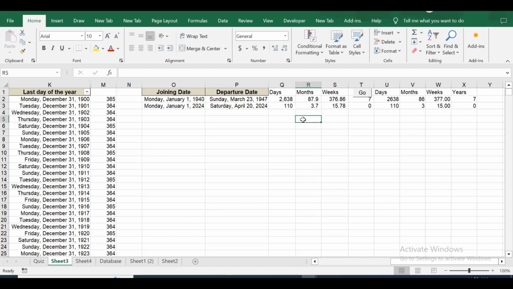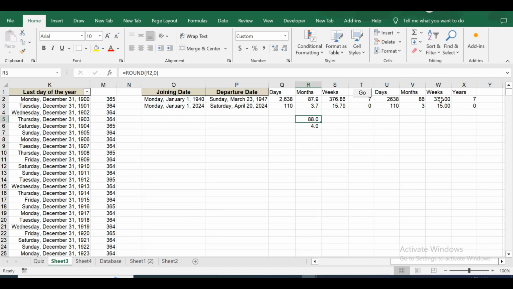Normally we write ROUND and round it to 0 digits, so that makes 88. If we apply ROUND over this, that makes 4.